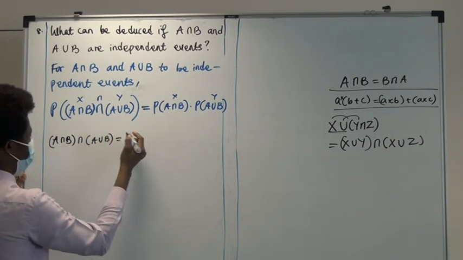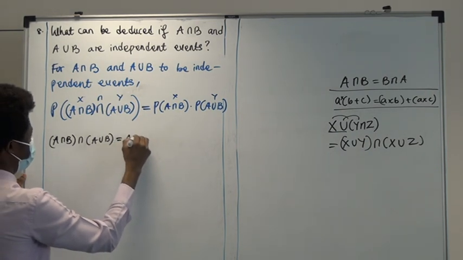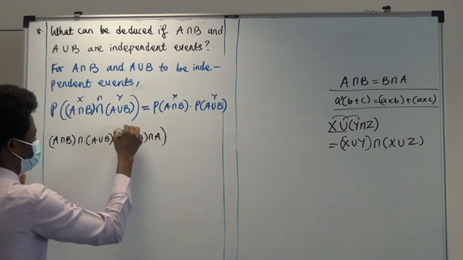So this is going to be A intersection B intersection A. Do you agree?